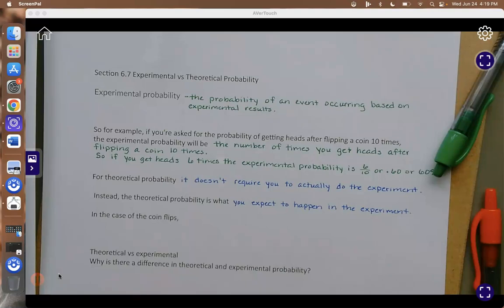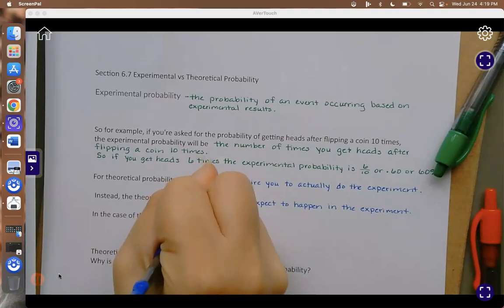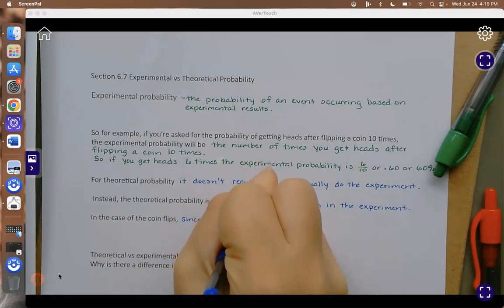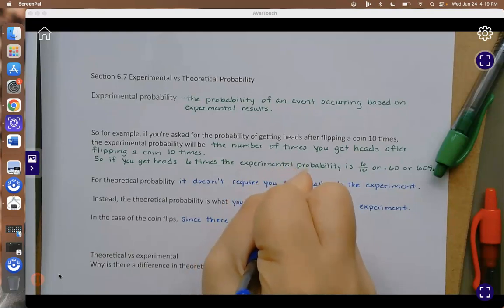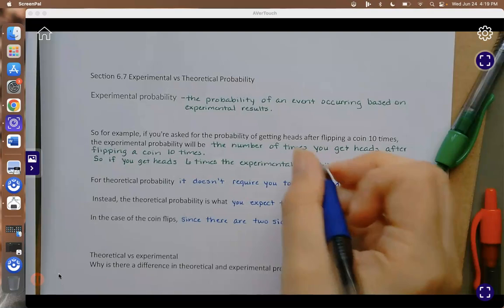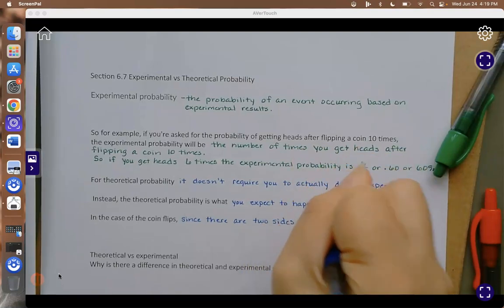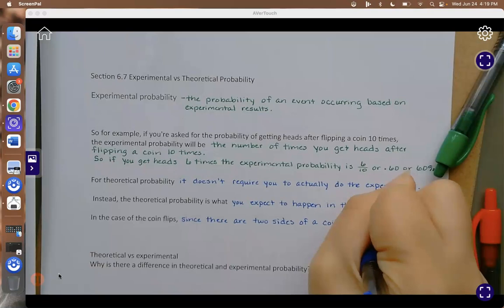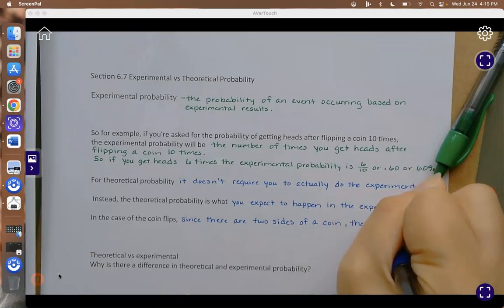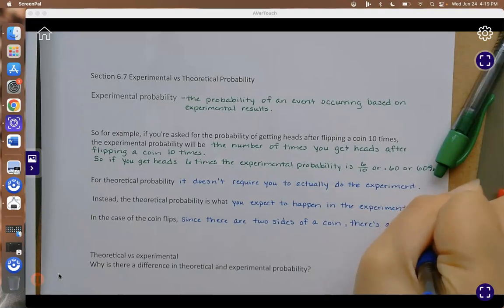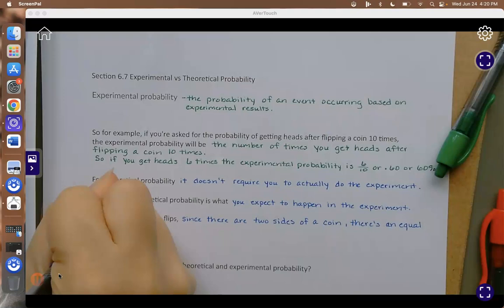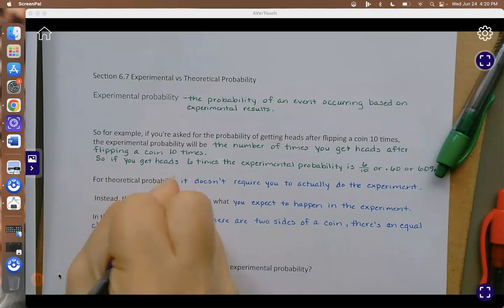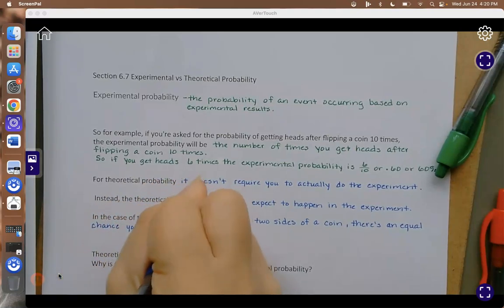So in the case of the coin flips, since there are 2 sides of a coin, there's an equal chance you will get either side.